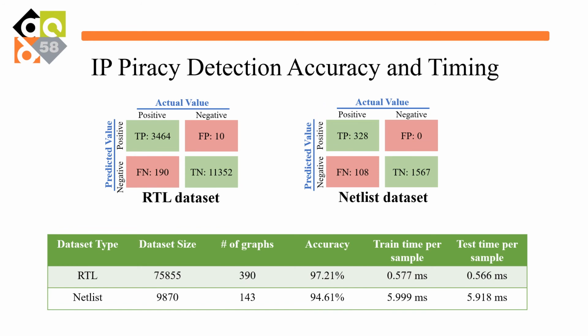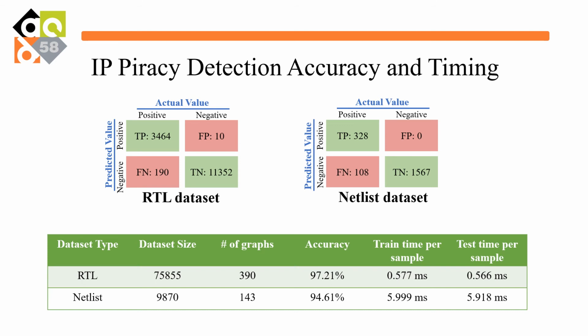We have gathered a comprehensive data set of hardware designs in RTL and gate-level netlist to evaluate and train our IP piracy model. We gather data from Trust Hub, ISCAS benchmarks, and online open source designs in addition to in-house designs.